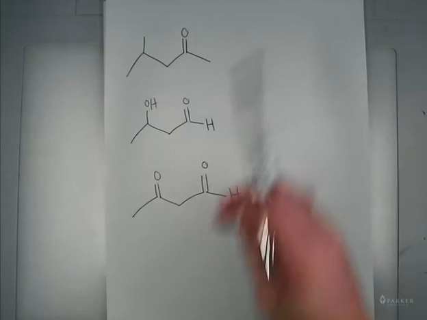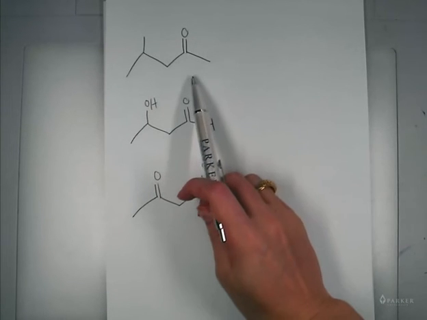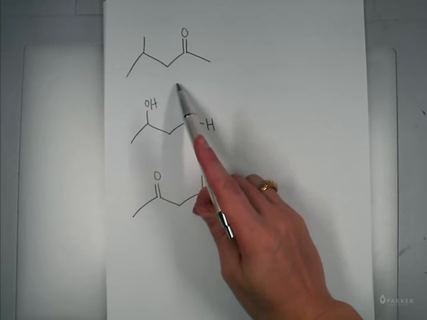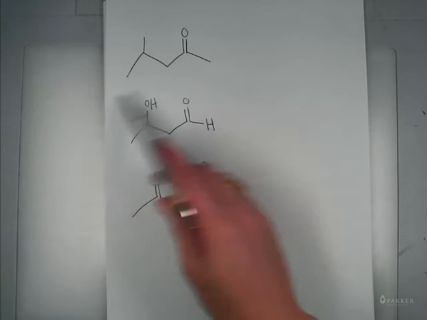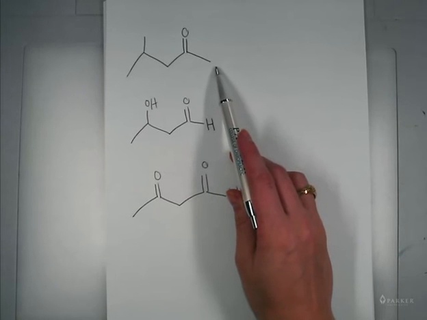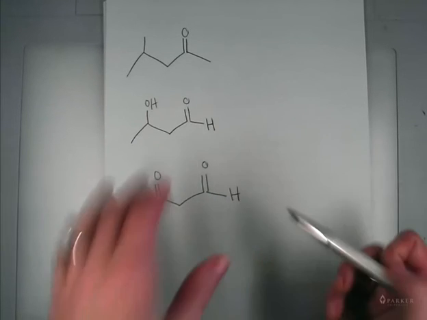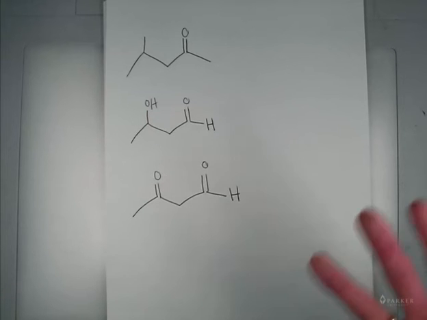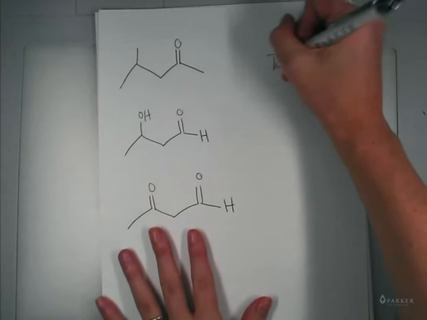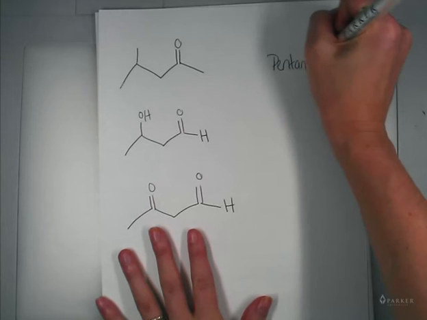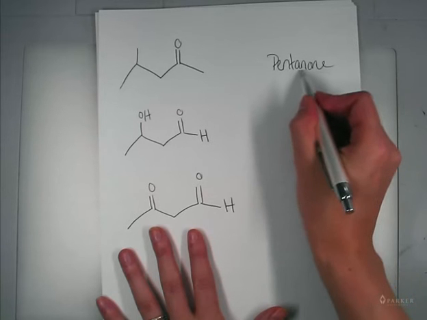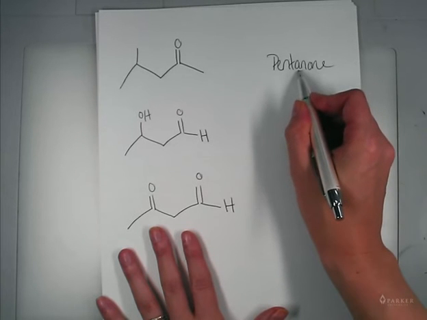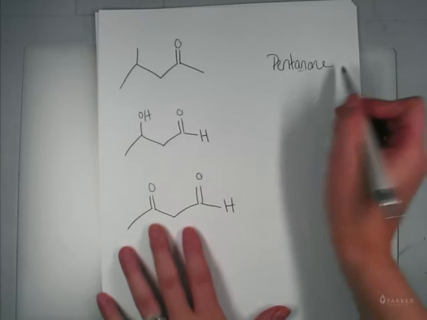So what type of carbonyl is this top one? A ketone. So how will it end? -one. What's the longest continuous chain here? 5. So how do we name that? Pentanone. Remember, the "an" part will always stay in there at the end, so it's always -anone if you want.